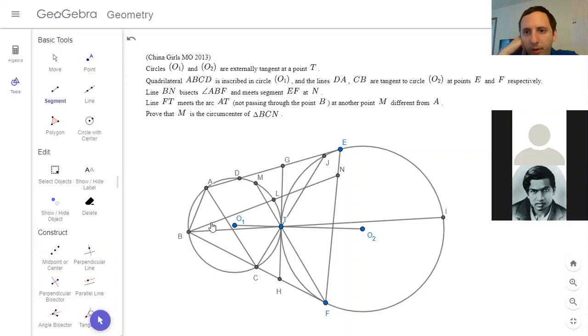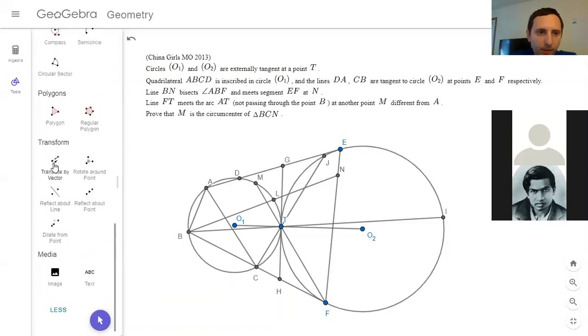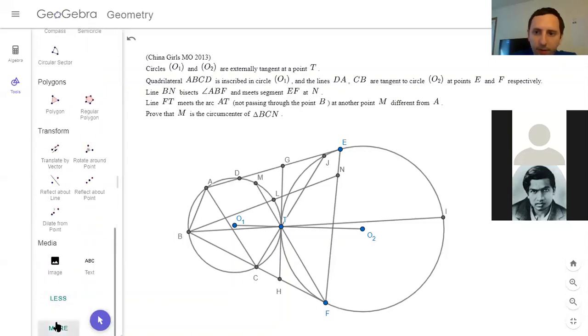Can we somehow compute angle NMF or angle NMC? Not sure. Let me try. Maybe there's a cyclic quadrilateral that we're missing.